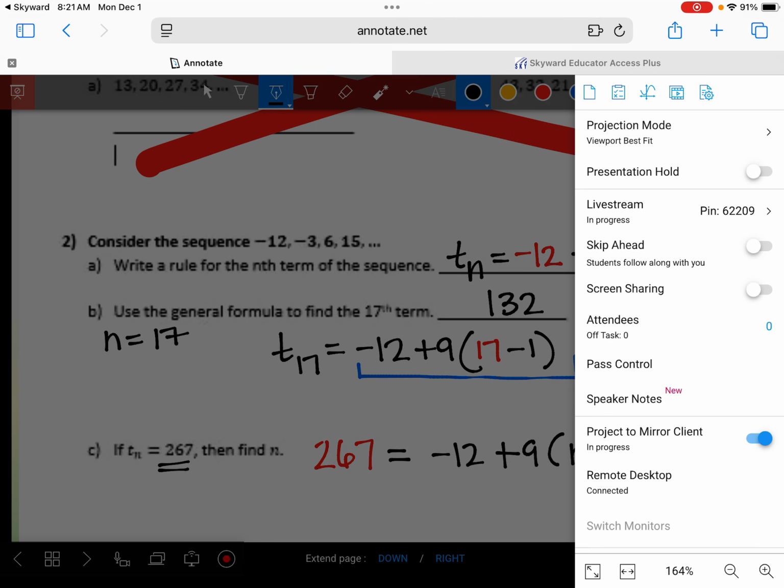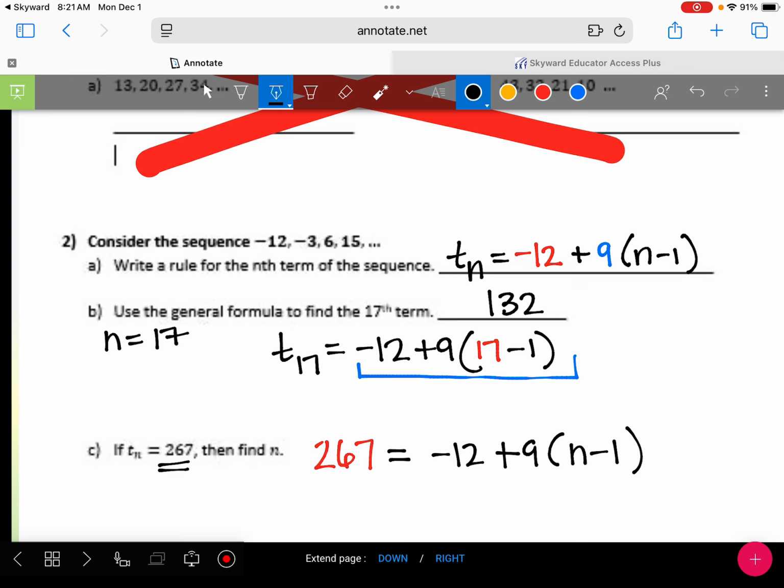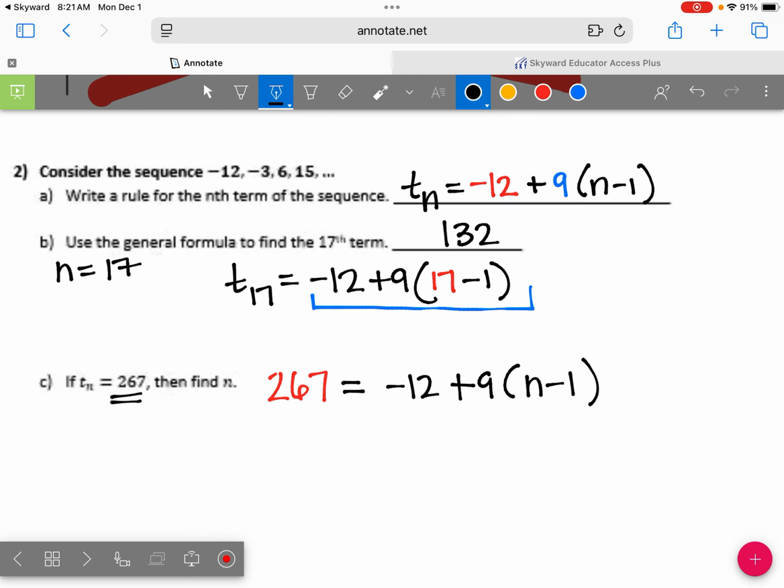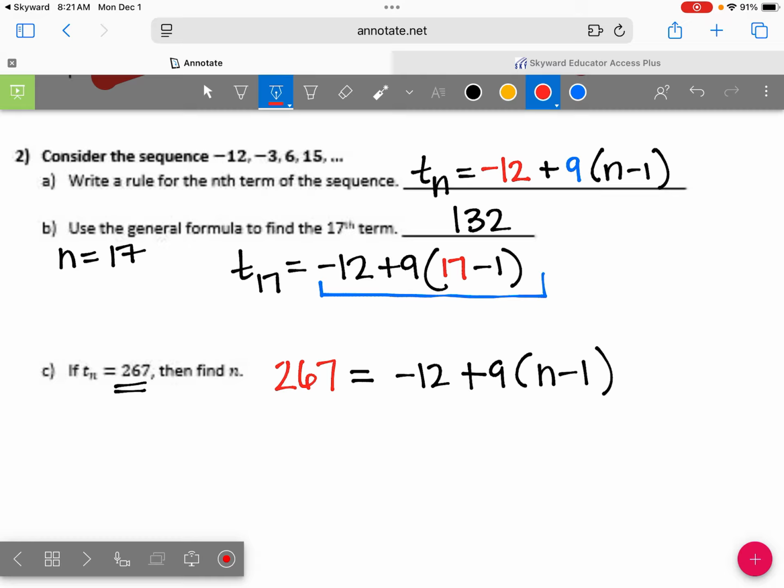I'm going to freeze my screen and solve it because this is just solving, so we should know how to solve. And we'll see if we get the same answer.